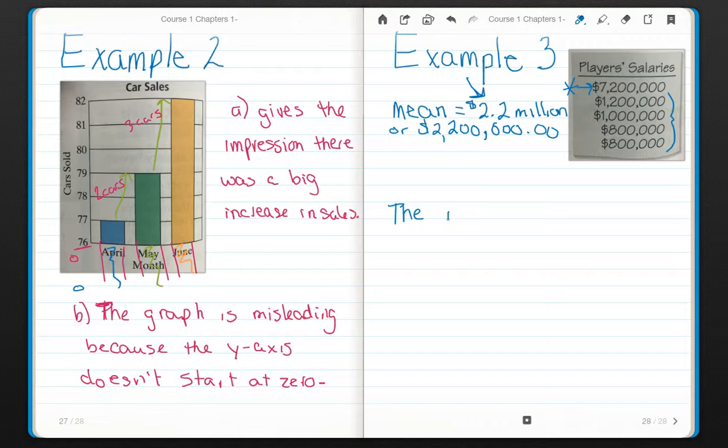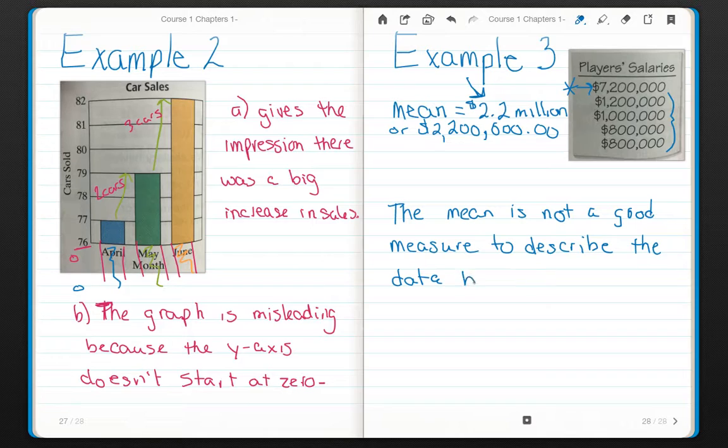So, the mean is not a good measure to describe the data because there is only one larger data point.